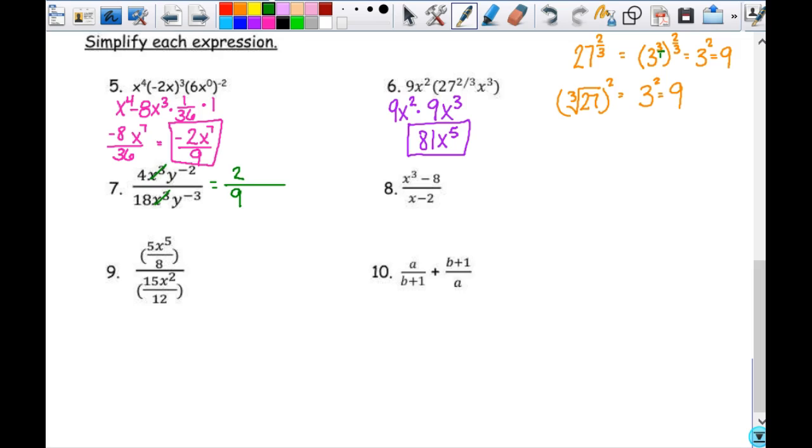And then y to the negative 2 power over y to the negative 3 power. That's going to leave me with a y to the negative 1 in the denominator here, which means that's really a y in the numerator. So it looks like this. And I wasn't sure where I was starting from here, so that's why that's so long. That's okay when that happens. I can leave it as 2y over 9 or 2/9 y.